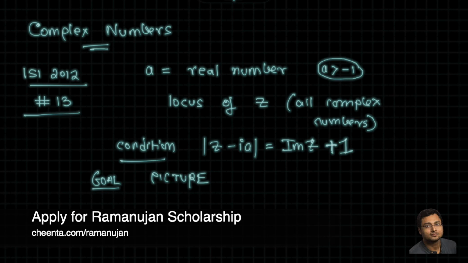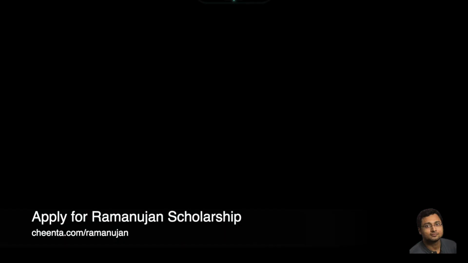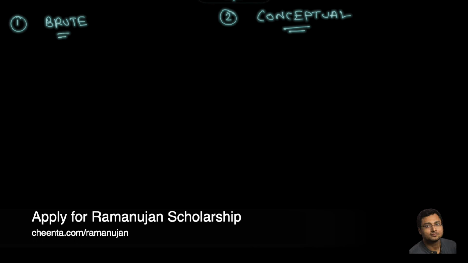Now there are two ways of doing this problem. One is the brute force method, and the second one is the conceptual method. I like the conceptual method more because it actually teaches us a lot about geometry and complex numbers.